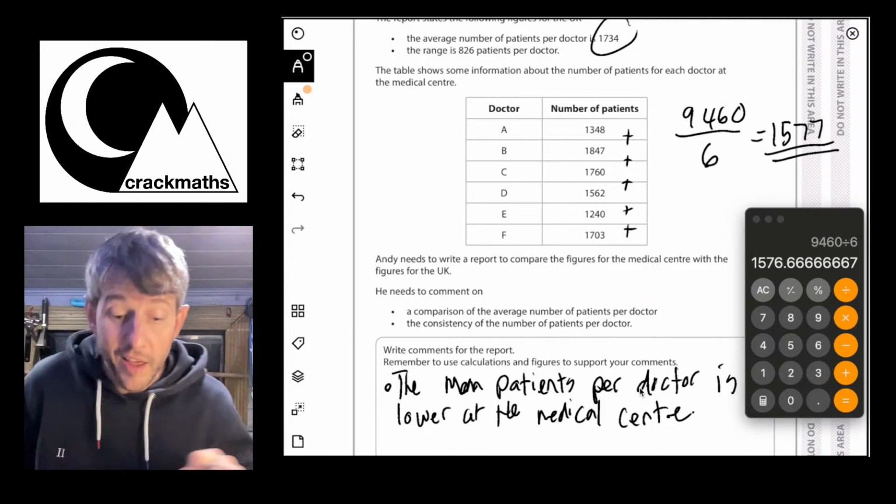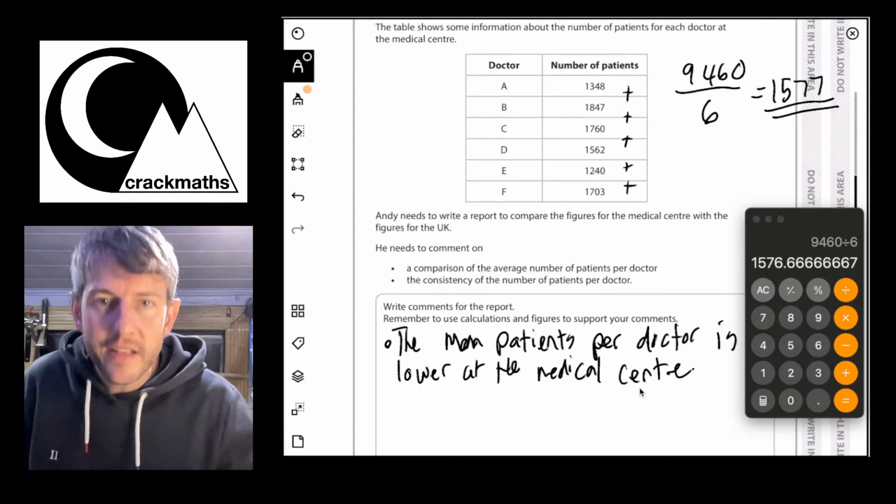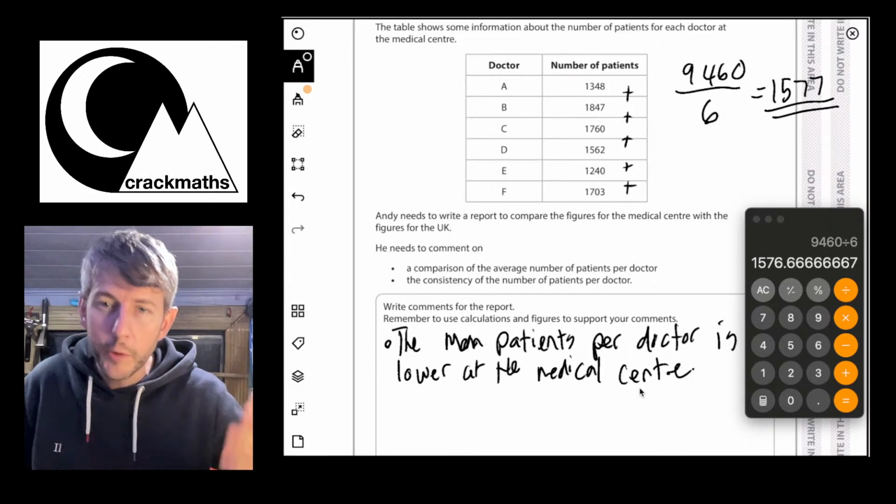So the median is the other form of average that we often use. Okay, so let's find the median. The median is when we put them all in order and we find out the middle value.